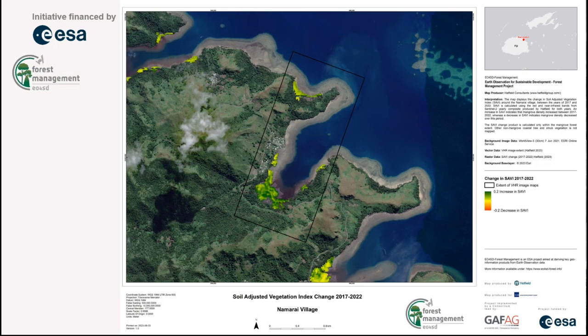So the yellow colors mean that the vegetation index was relatively stable. The green means that the index has been increasing and the density of mangrove has increased. So this gave us some more confidence that what we were seeing here was actually an increase in the density of mangrove in this example.